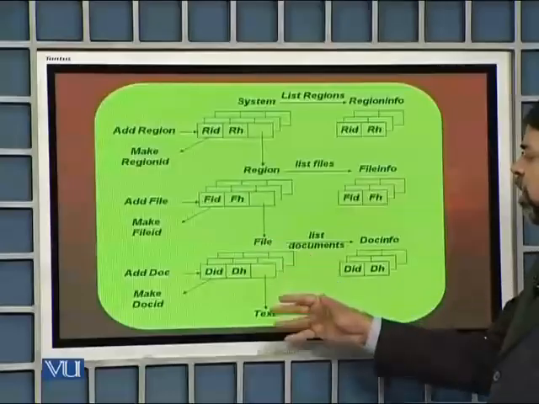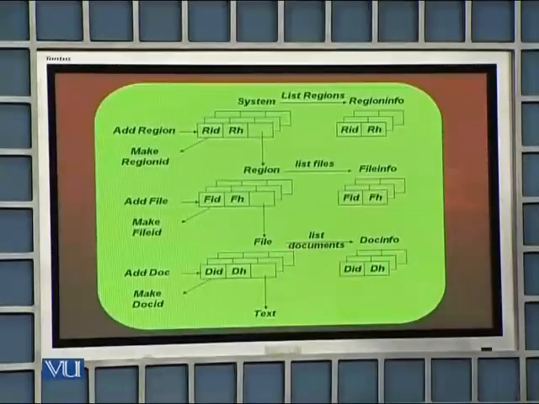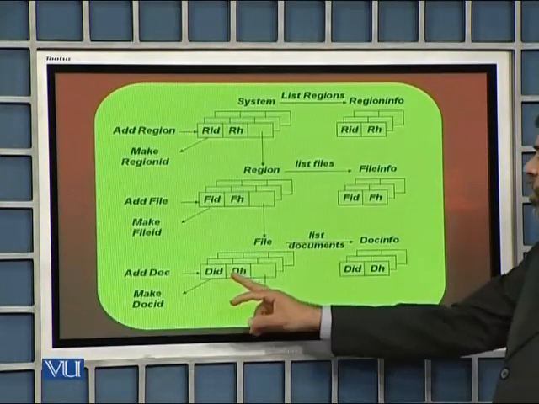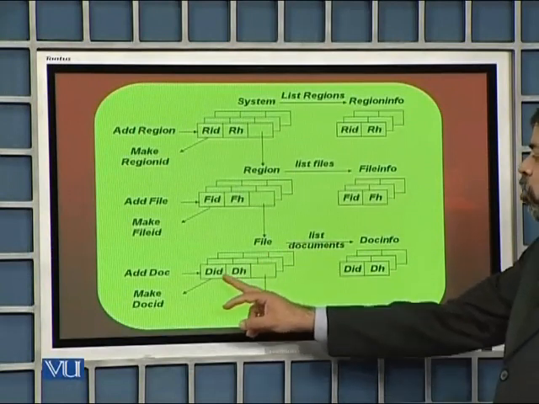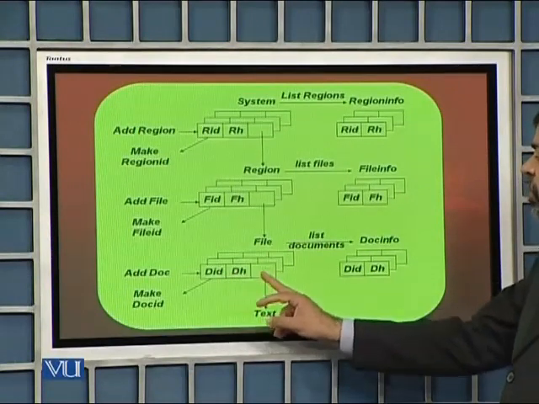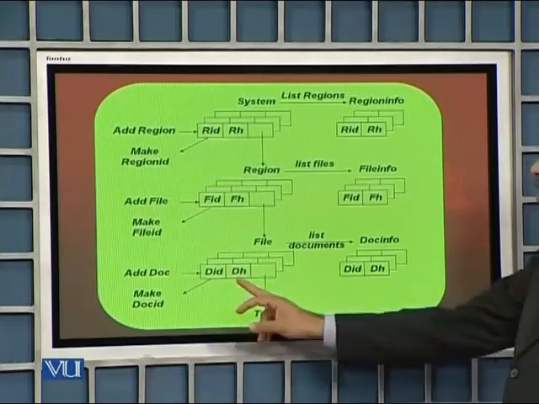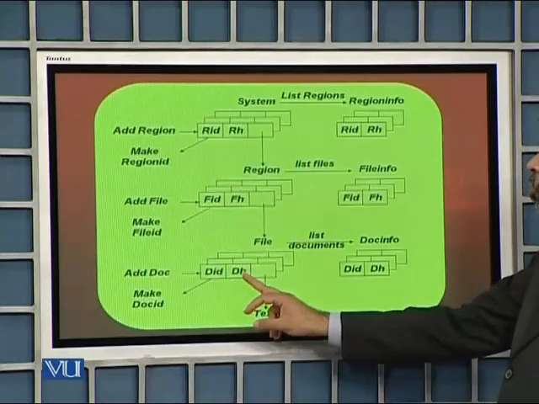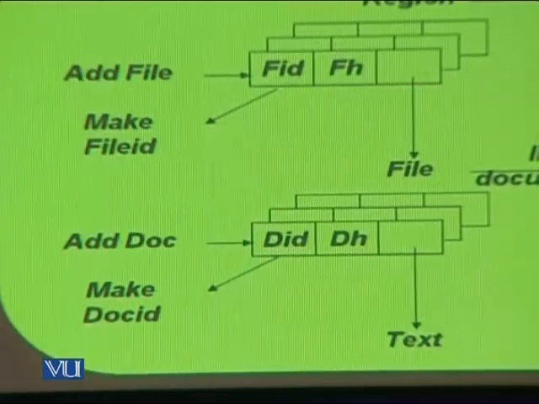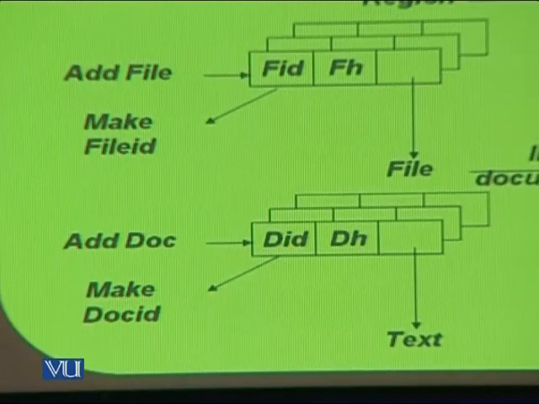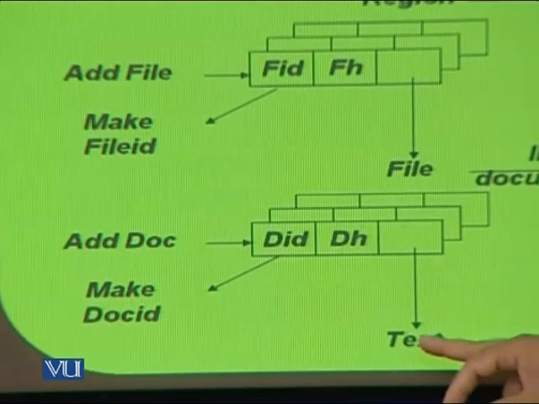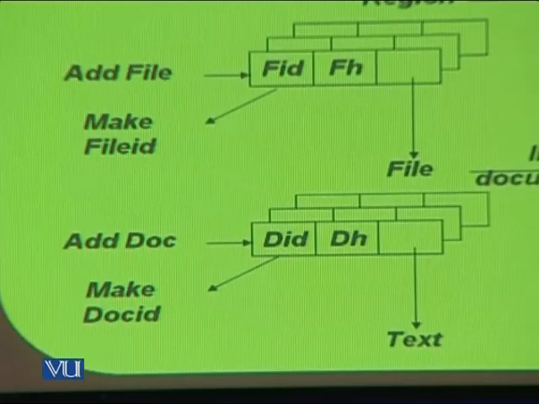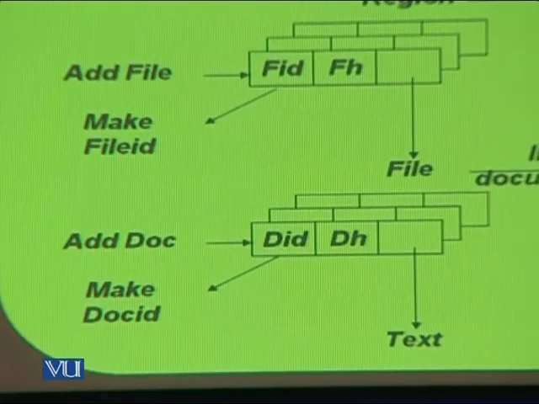And then a similar structure is used to store the documents. Once again, for each document, we have these three sections: the document ID, the document header, which may contain the name of the document, the keywords, other information about that document, and a link to the text that this document has.